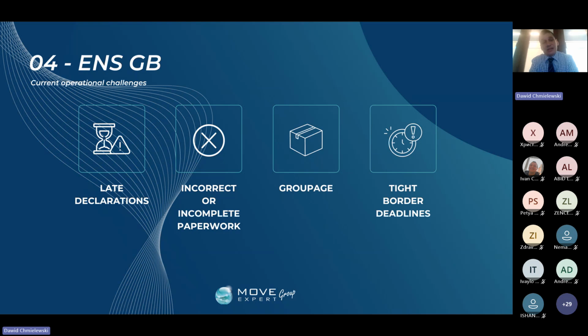ENS has been planned and made for a very long time, and despite all of that, it still causes issues and still causes problems. Now, I said before that the ICS2 system verifies EORI number and commodity code.